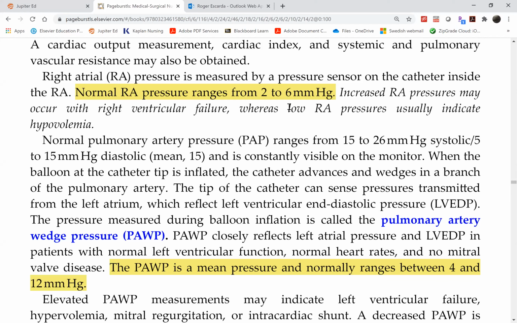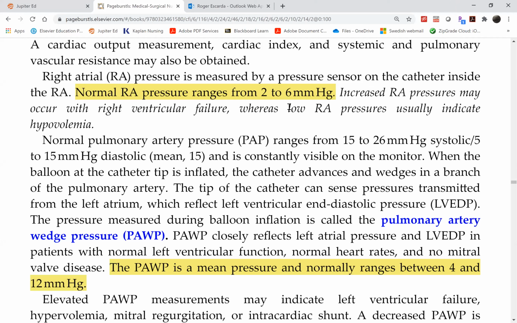I just had a right ventricular MI. If it's 2 to 6, right? No, my question is, if I have a right ventricular MI, what will you see in the right atrial pressure? Oh, it's not normal. So give me a number. More than 6? All right.